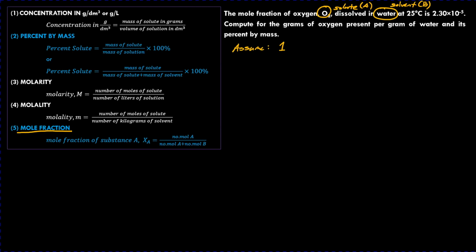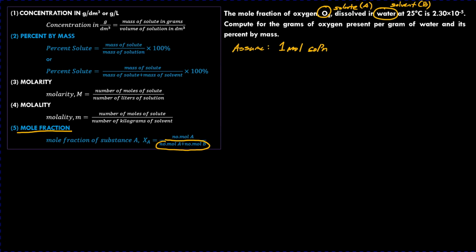So we will assume that our total solution is 1 mole. And 1 mole of solution is the sum of mole of A and mole of B. Again, mole of A is the solute, B is the solvent. So we can just substitute this into our equation here.